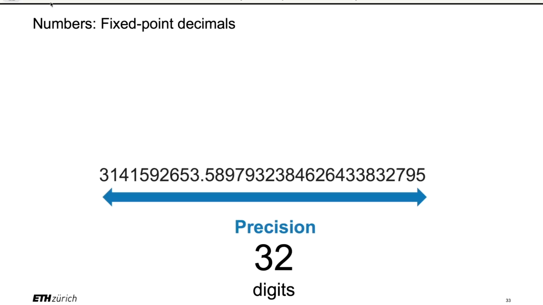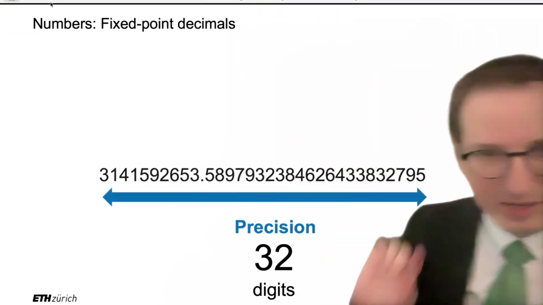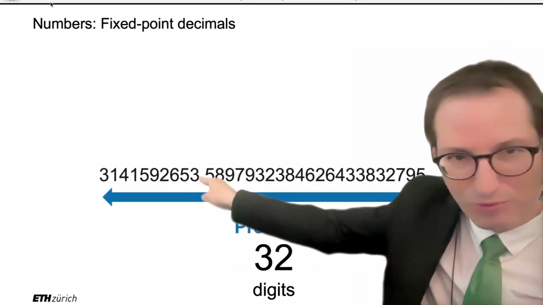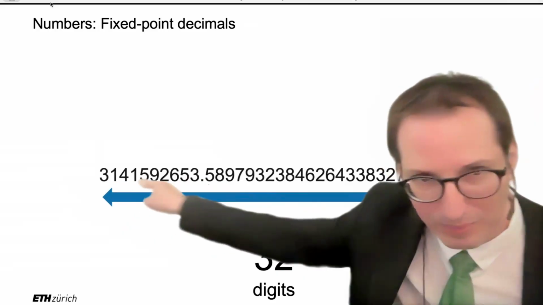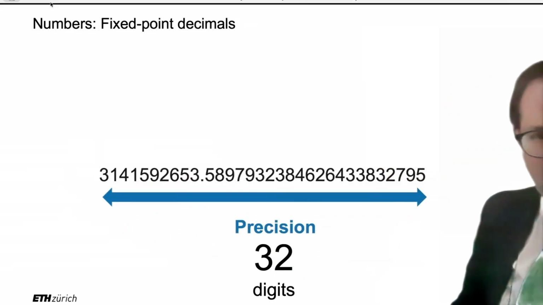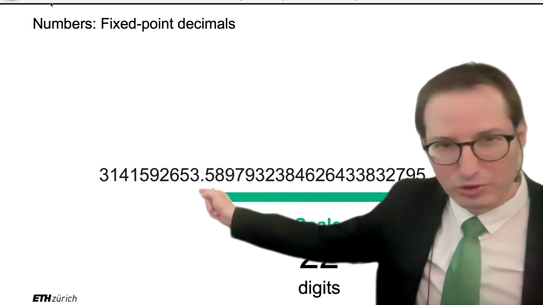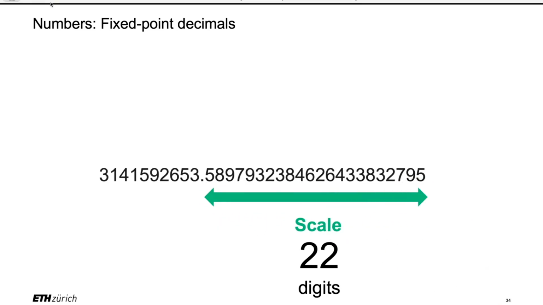So that's why it's called fixed point decimals. Once and for all, you say the decimal point is right here. And it's for every number exactly right here, with that many significant digits and so on. And so that's called the scale, right? You specify the number of digits after the comma, after the decimal point.